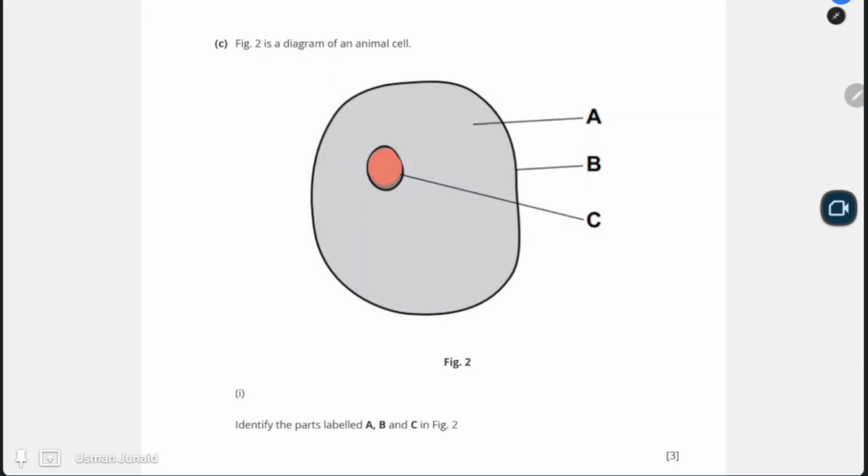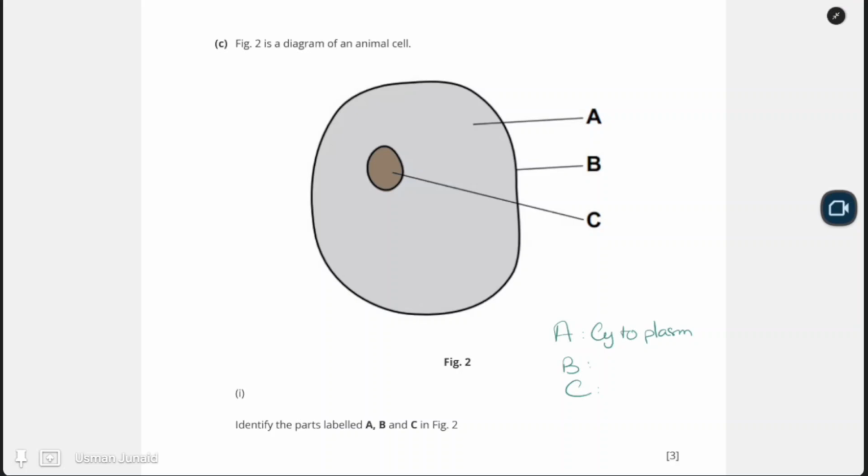So we have A, B, and C. So which is which? A is the cytoplasm. Yes. What is B?